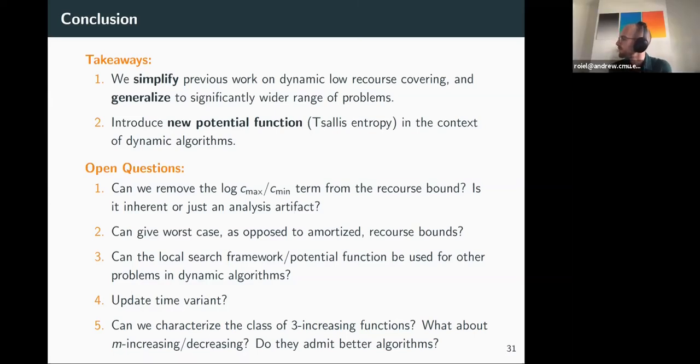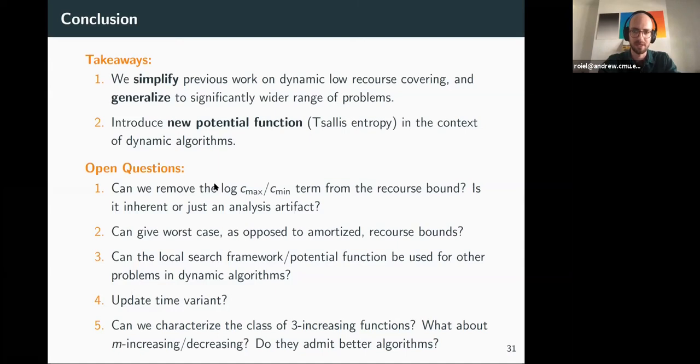So I'm trying to think of examples of this. I know Anupam has this paper that models some kind of, I'm actually forgetting exactly what it was, but for a class of problems, you want to minimize the sum of the objective at that time plus some movement cost.